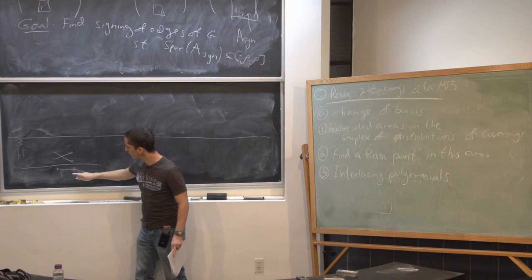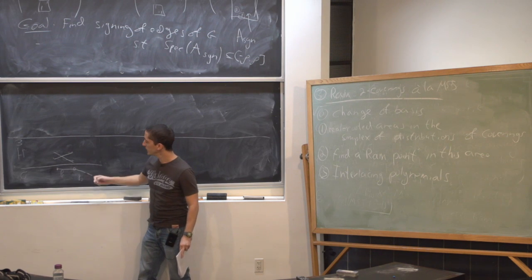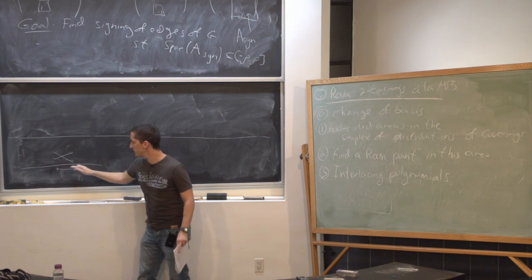So again, for every edge we take some probability, and every edge is independent.